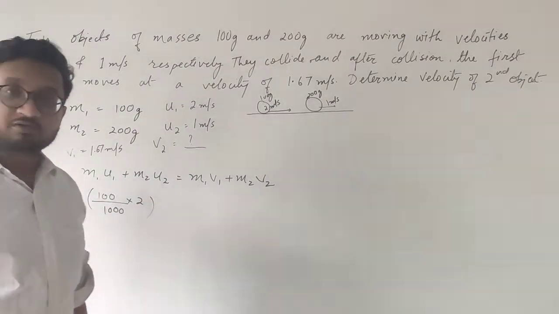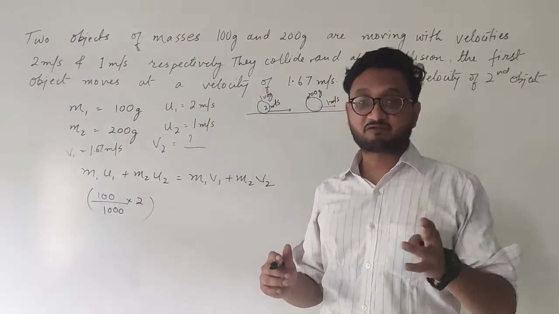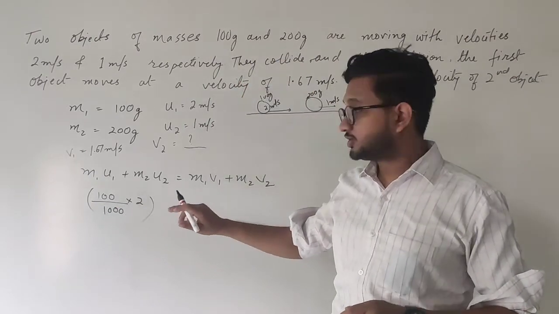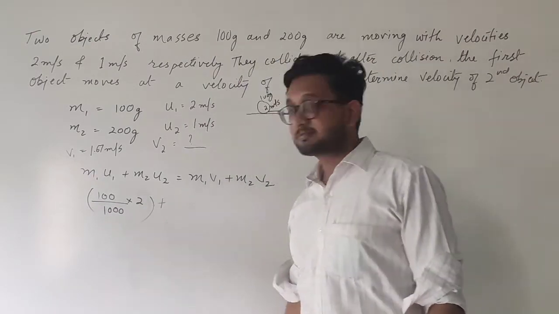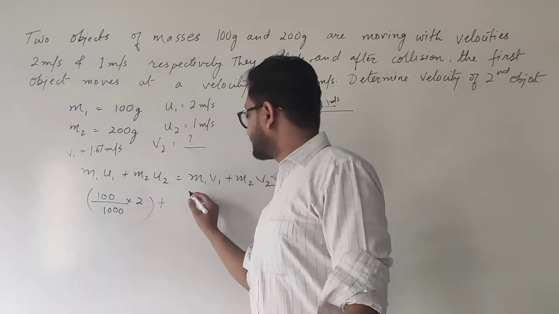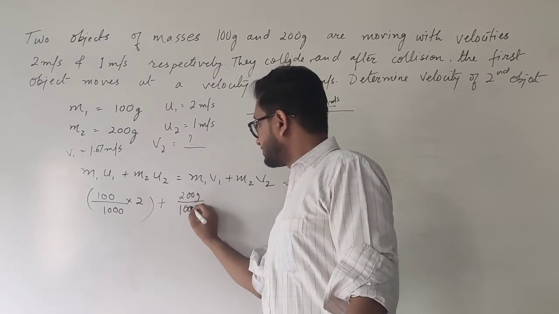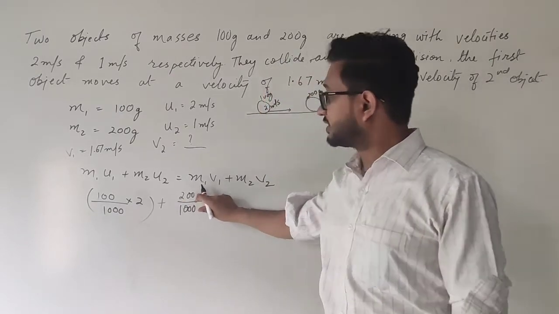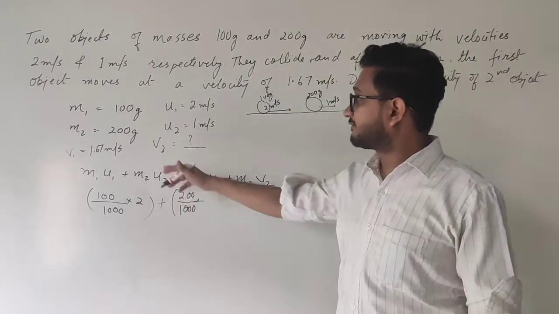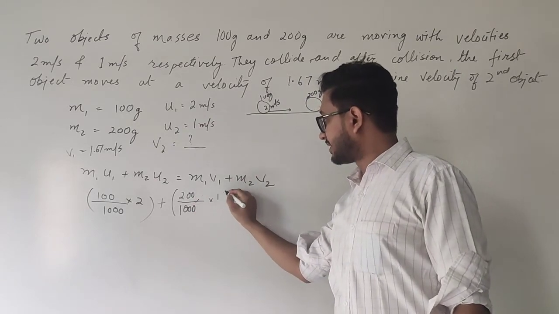For simplicity purpose, I am giving brackets so that it is easier for you to understand. So this is the M1 U1. I am writing plus, then M2 U2. So M2 is 200 grams. So again I am writing 200 grams by 1000. So now I can remove the grams. I have converted it into kilograms. And what is the velocity of M2? It is 1. So multiplying it with 1.